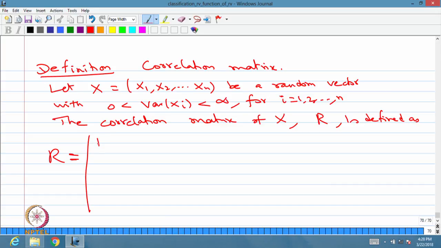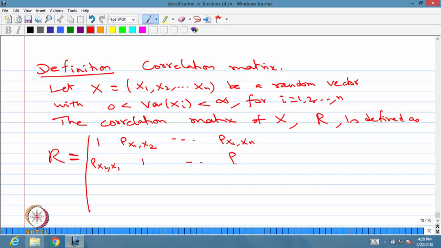The diagonal element is 1, and in the first row, the second element is the correlation coefficient between x1 with x2 and so on. The first row last element, the nth element, is the correlation coefficient between x1 with xn. Similarly, the second row: the correlation coefficient between x2 and x1, and the second row second element is 1 and so on.